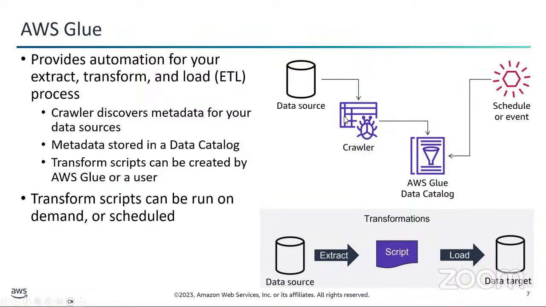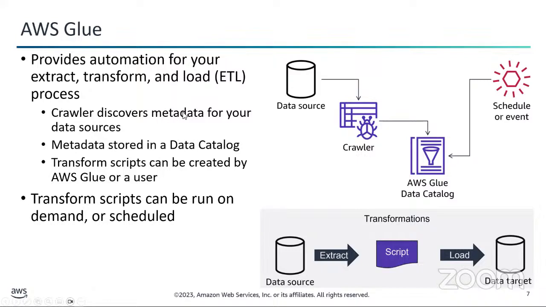You create a crawler, and using AWS Glue, it crawls and automatically discovers the metadata. What is metadata? Metadata is data about data. You have a database with data stored in it, and you have information about that table: the column names, their types, how long they are, things like that. This is called metadata.